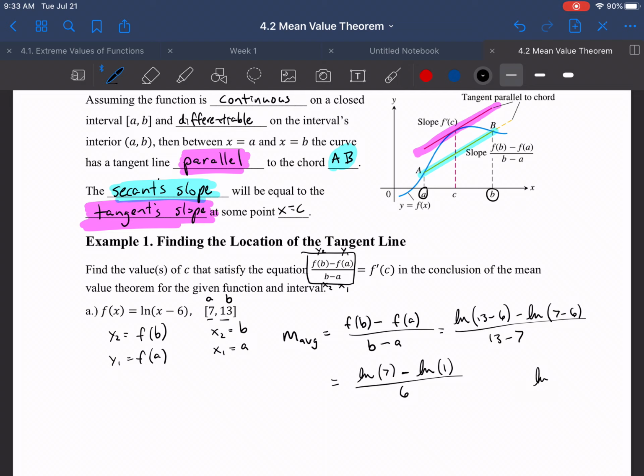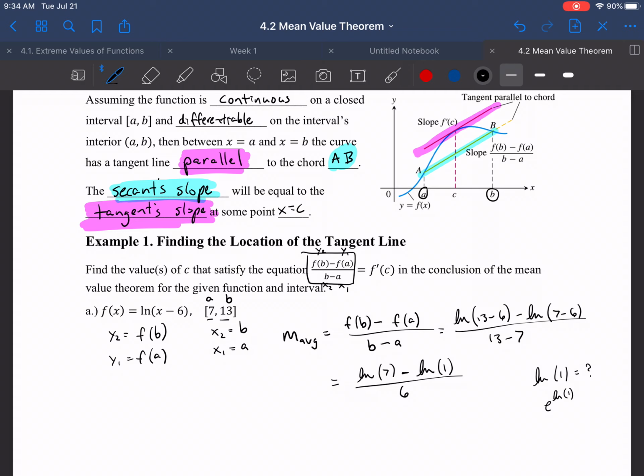And you should know this one, this is the natural log of 1. So what does the natural log of 1 equal? If you can't remember, remember natural log is base e, so it's log base e of 1. And so you're asking yourself, e to the what power equals 1? That's going to be 0. The other way you could think about this, other than memorizing, is to simply undo it.